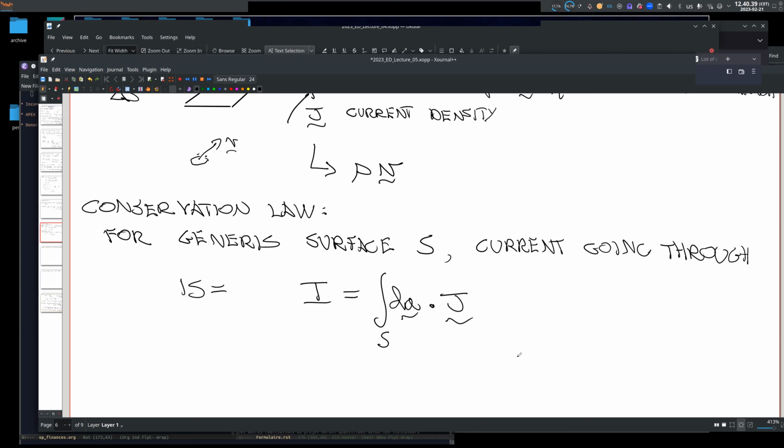That's really the amount of charge per unit time that goes through the surface.